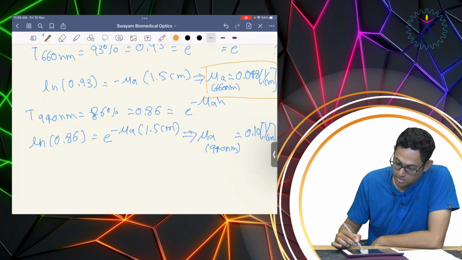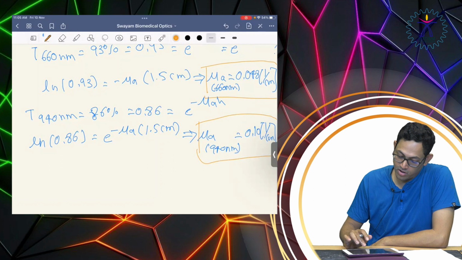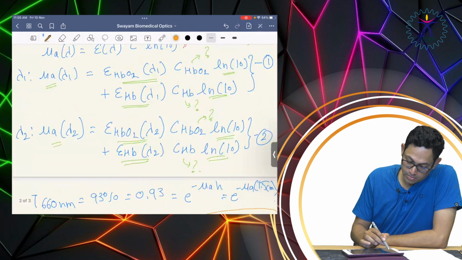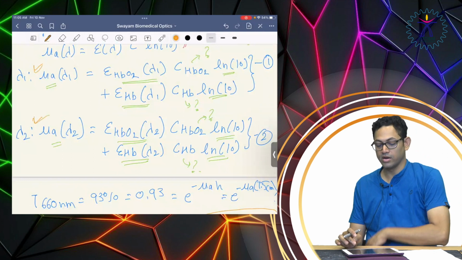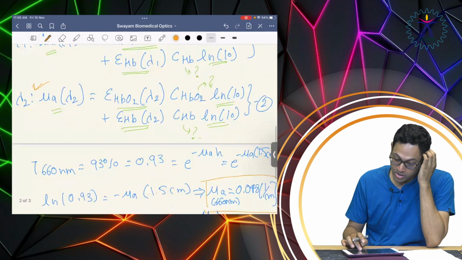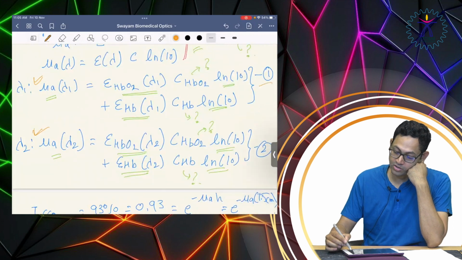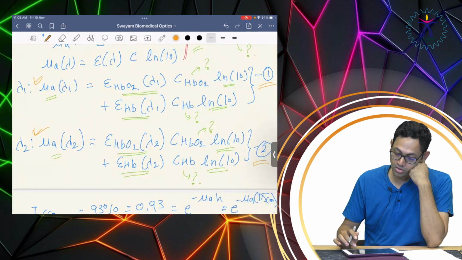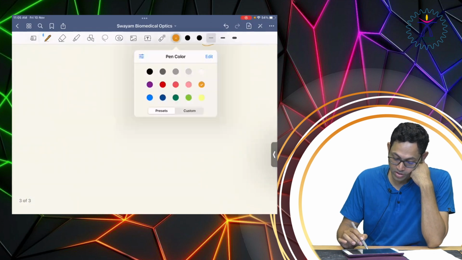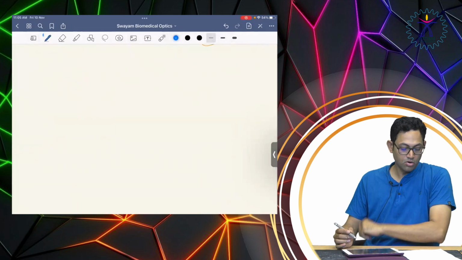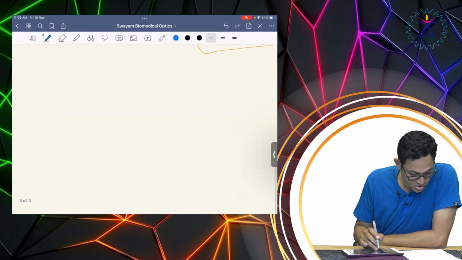Now we are going to use these values of mu a at lambda 1 and at lambda 2. Let us substitute all the values into our equation 1 and equation 2 and figure out the two equations we need to solve. We have the two equations, we just need to substitute the values.